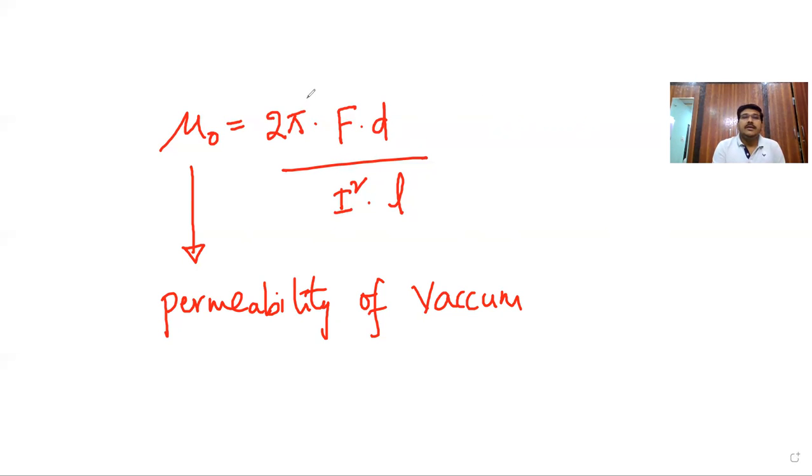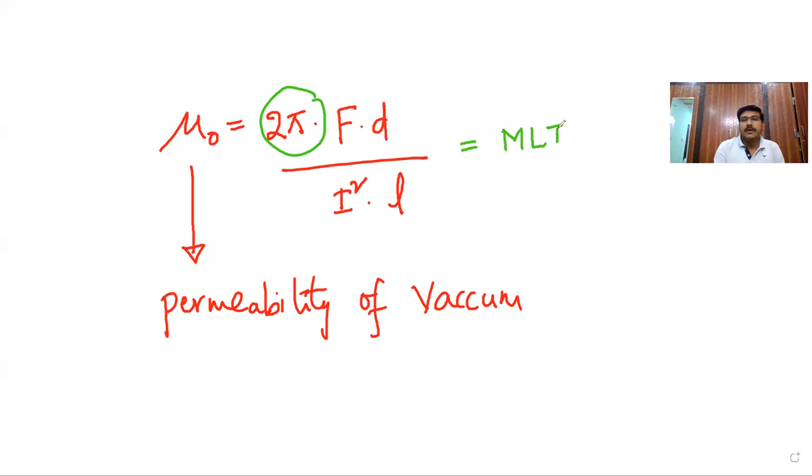Okay, let us see. This 2 pi is a non-dimensional parameter, it doesn't have any dimensions. And you have the force, distance, and the length L. Now observe carefully. If I simplify, this is force. What is the dimension formula of the force?